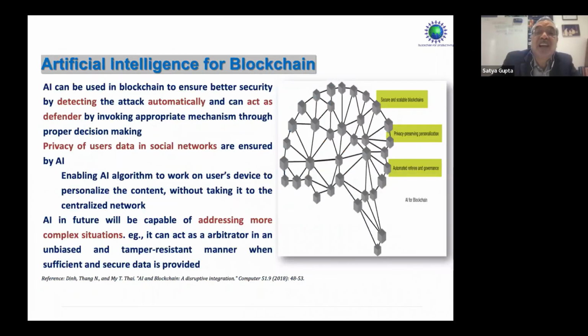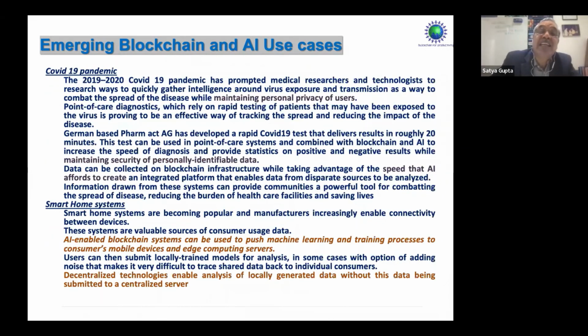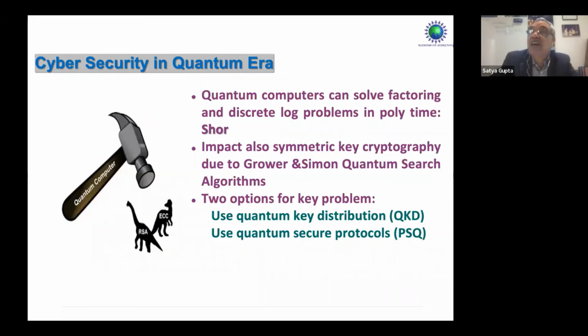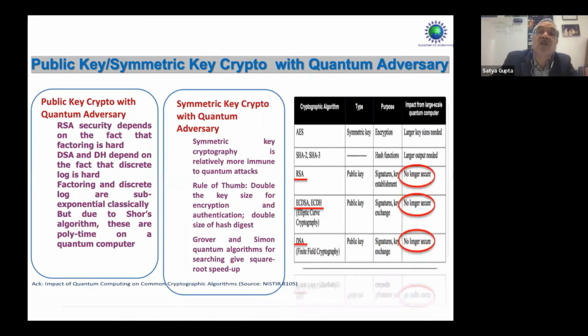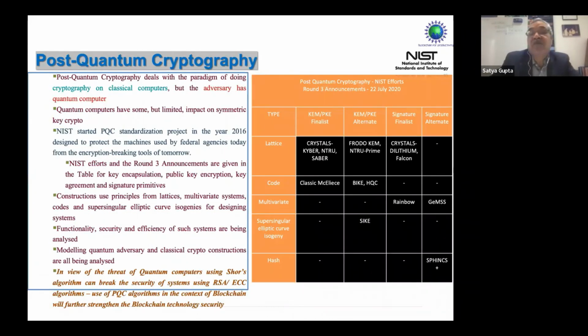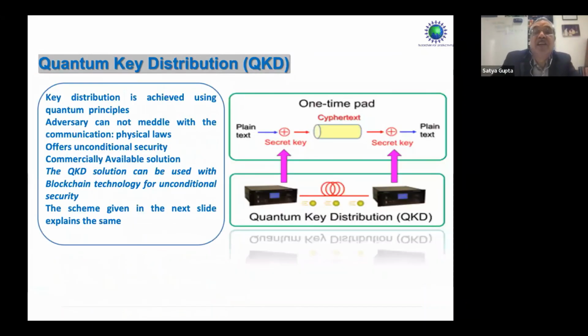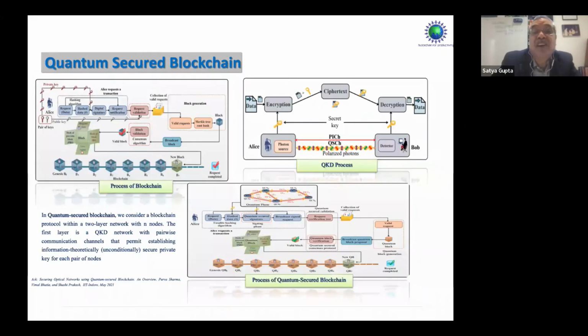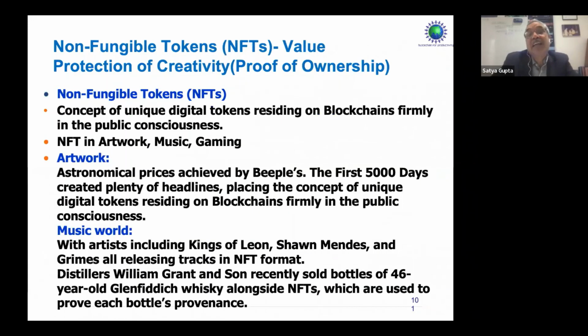It is not decentralized. So Web 3.0 will be a decentralized metaverse. It will use blockchain for decentralization, so that you are the owner of your data and your content, and you can do whatever you want to do. What is happening in Web 2.0 is that whatever your content is, it is monopolized by other people who are spending money on generating the content or creating the infrastructure. So that is the difference.